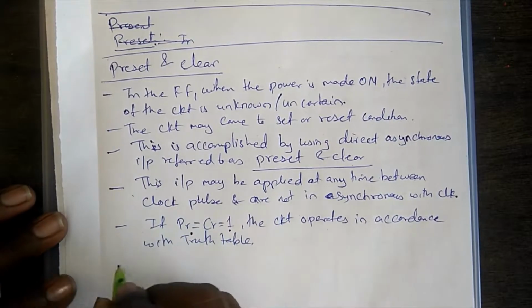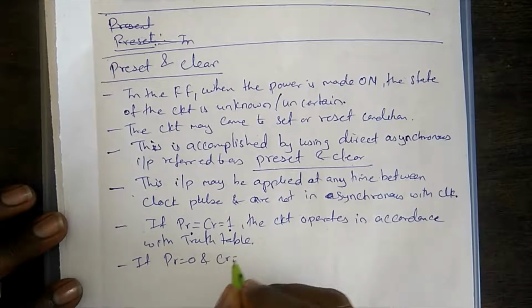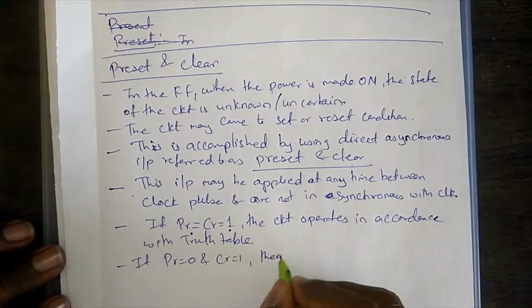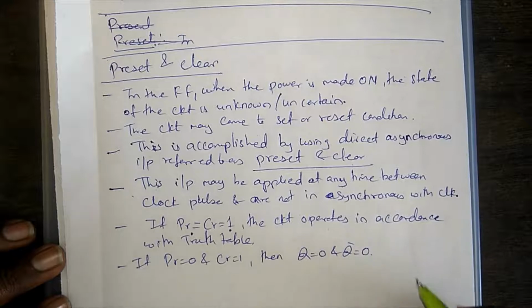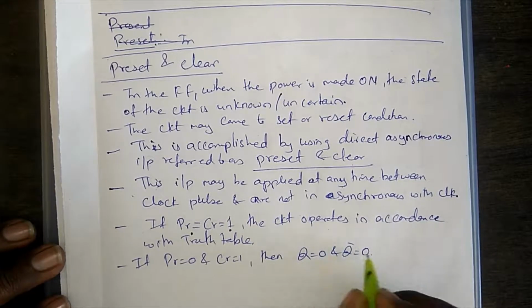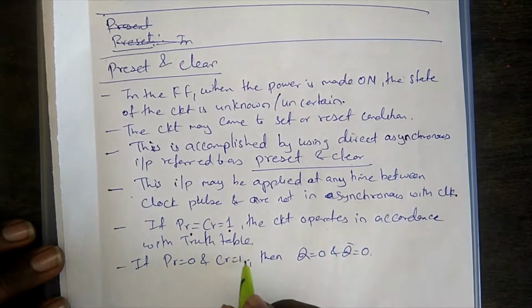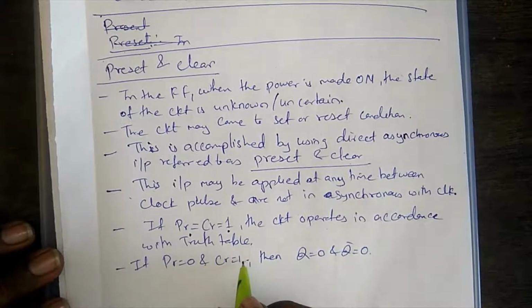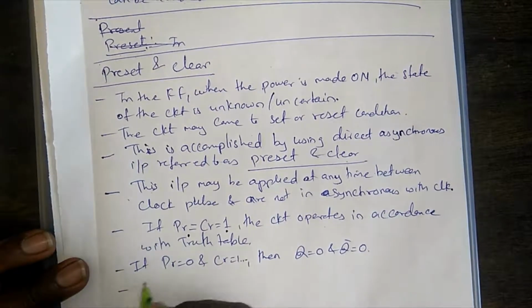If PR equals 0 and CR equals 1, then Q equals 0 and Q bar is also 0. So this condition should not happen.